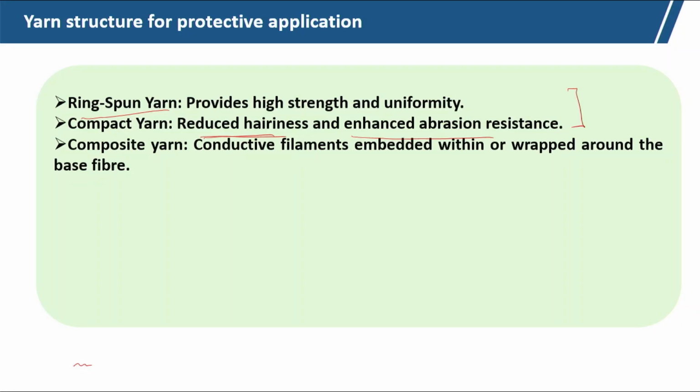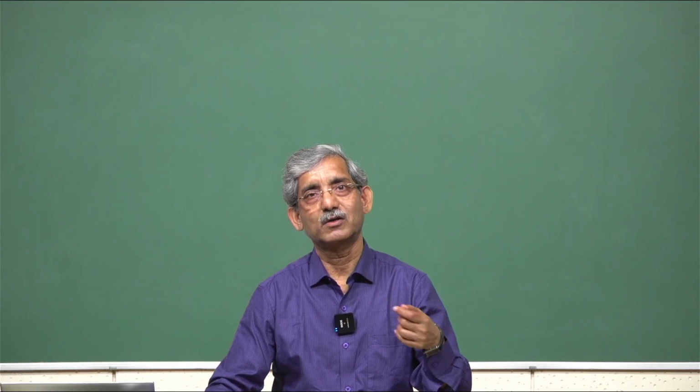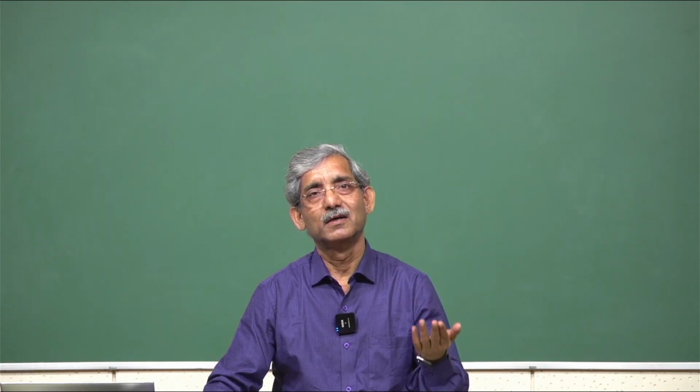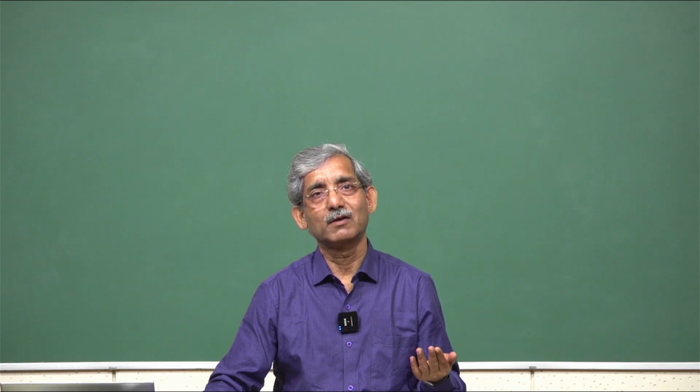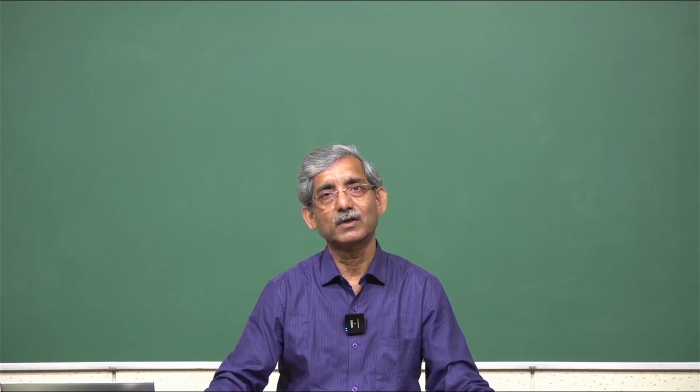Like if we want to increase the strength, we can use a filament yarn in the core, and in the sheath maybe cotton, which is used for comfort characteristics, while the core filament is used for strength. Or sometimes we can have a metallic or conductive filament to enhance the conductivity. So, different characteristics we can achieve.